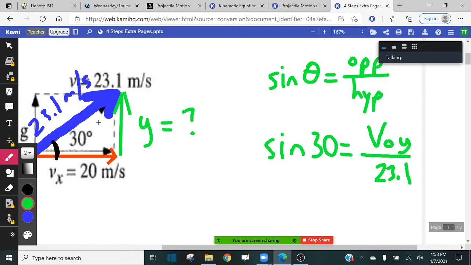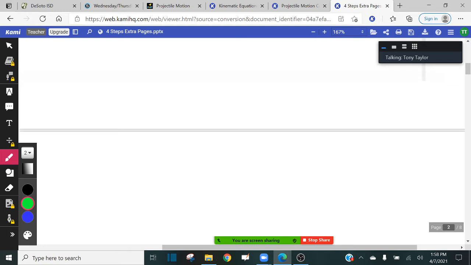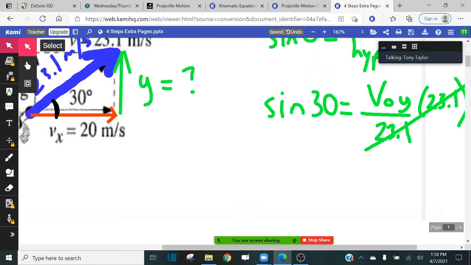Now, guys, how do I solve for the initial velocity in the y direction? How do I get that by itself? Multiply by 23.1 on both sides. Exactly. Thank you, Stephanie. Multiply by 23.1. That goes away. Whatever I do to one side, I have to do to the other.